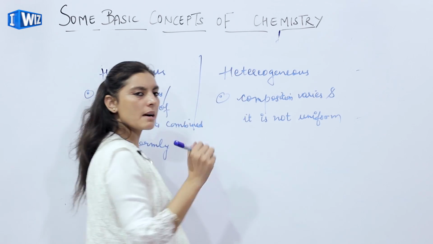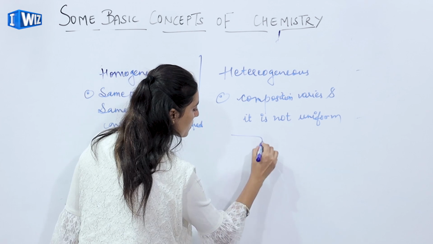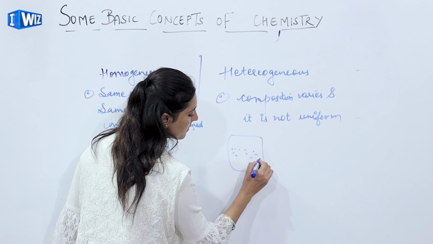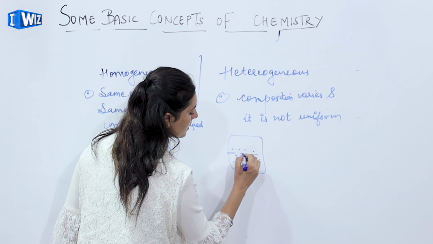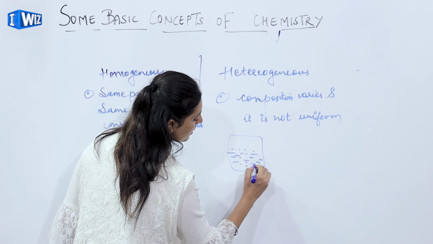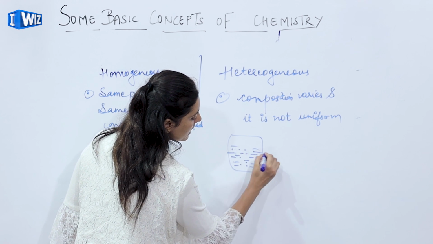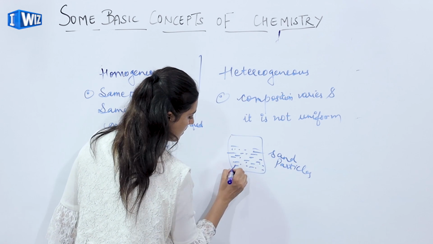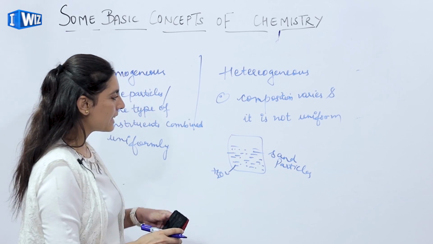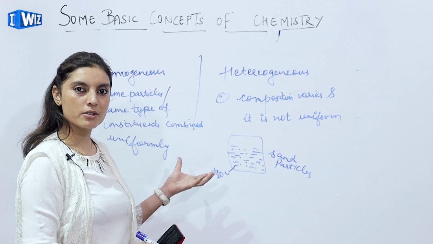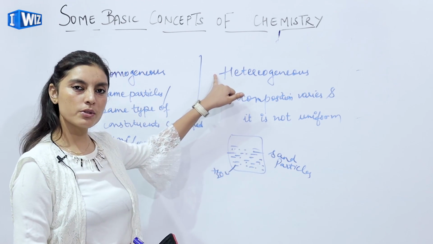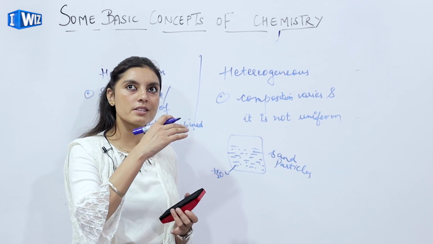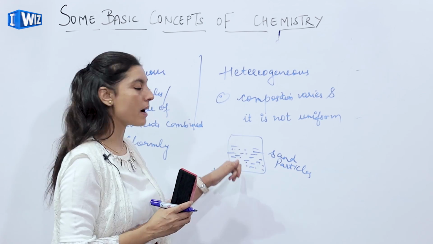When I gave you the example of sand and water, you must be aware that the water is contained in a container, and there it carries these sand particles. Now we could clearly see there are two different particles over there. So when we talk about the heterogeneous, we can easily figure out there is a separation line between the two particles.